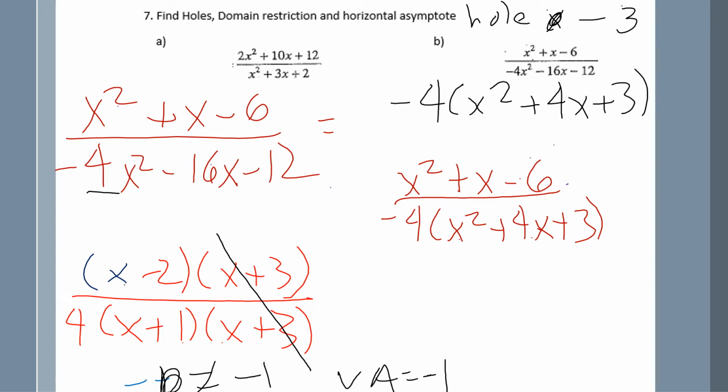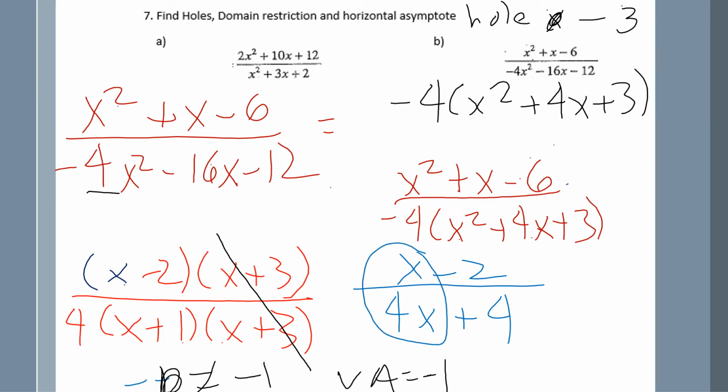And then I use my rules for the horizontal asymptote. I do a little bit of work to get 4x plus 4 over x minus 2. Again, not really necessary, but when I look at these, the variables have an exponent of 1, so I just divide, and that represents 1 over 4.